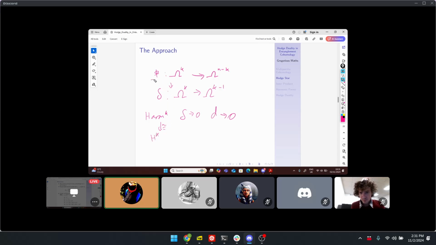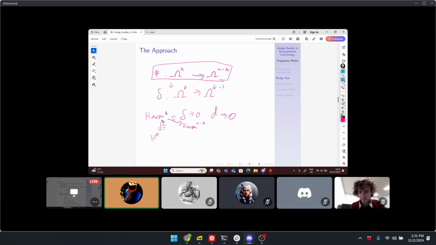And you use the Hodge star to show that the space of harmonic k-forms is isomorphic to the space of harmonic n minus k forms. That's where the Hodge star comes in.